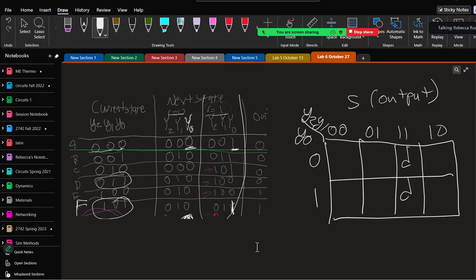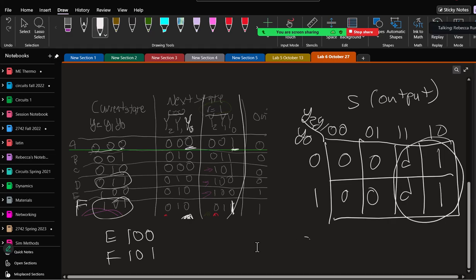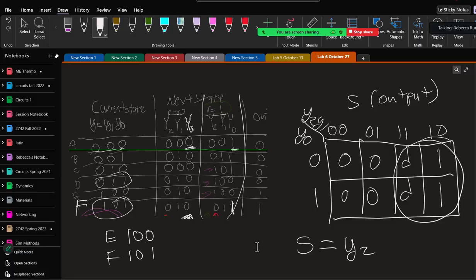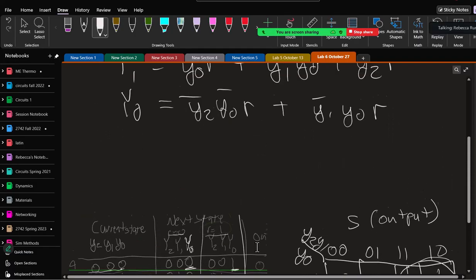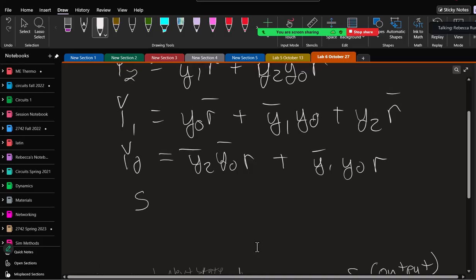It was ones only for 1, 0, 0 and 1, 0, 1. E and F were the only ones that got ones. So 1, 0, 0 is right here, and 1, 0, 1 is right here, and everything else was zeros. And so S equals y2, which is what I got last time. So S equals y2.